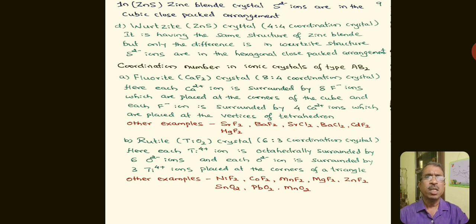But the difference is that in Wurtzite structure, sulfide ions are in hexagonal close packed arrangement. In case of zinc blende, it has cubic close packed arrangement. In case of Wurtzite, it has hexagonal close packed arrangement, where the rest is the same.